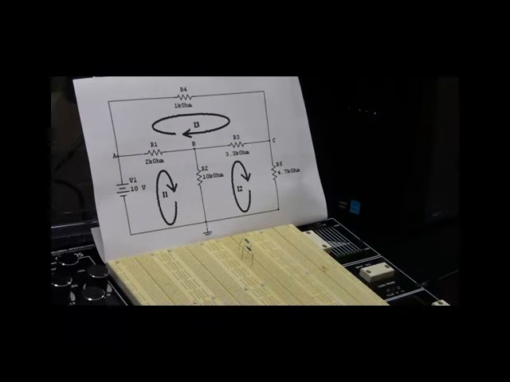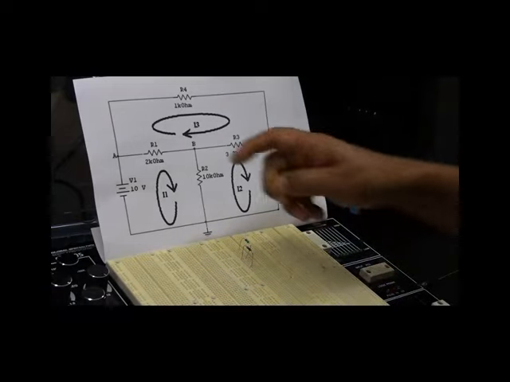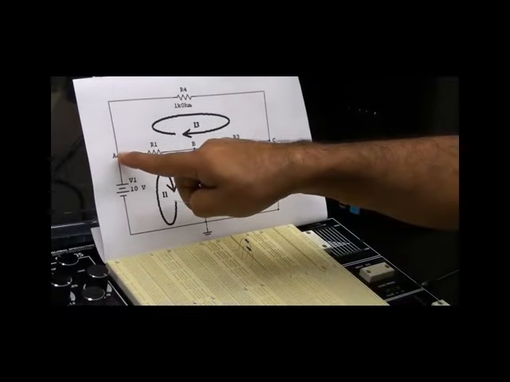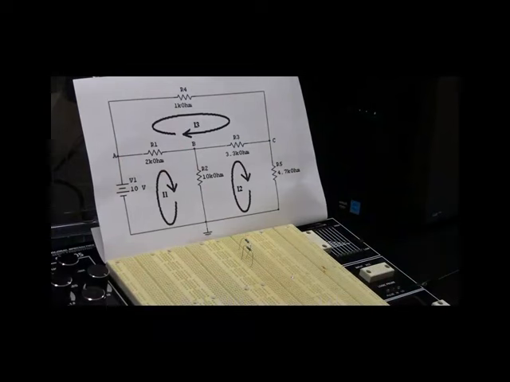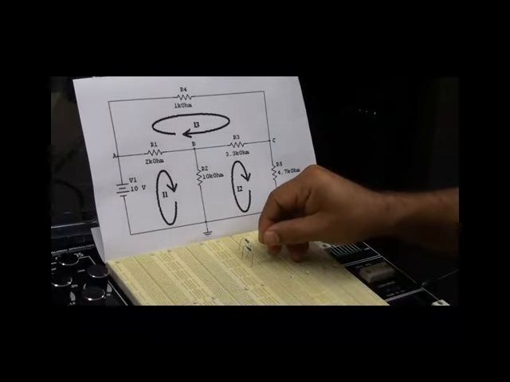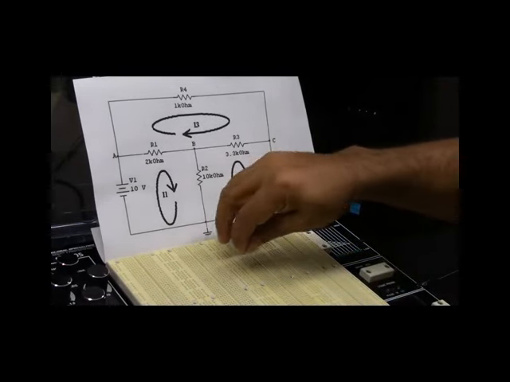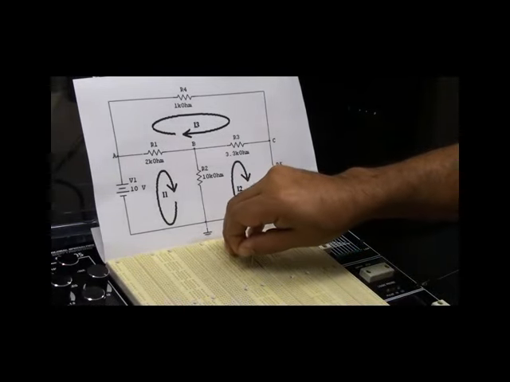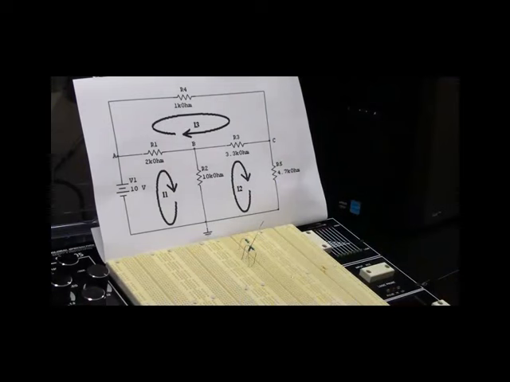Okay, then I have to go to R4. R4 from one side is connected to R1 at point A. So this is R4, which is connected to R1. Let's connect R1 from the top here. So it's connected.